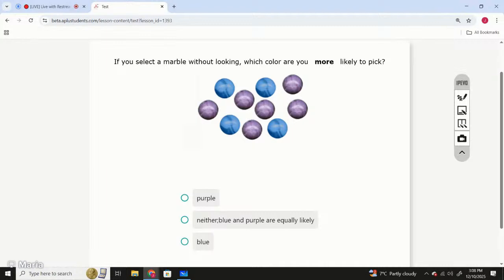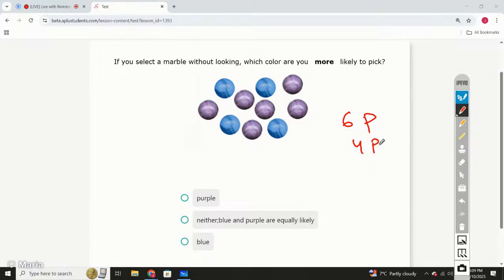If you select a marble without looking, which color are you more likely to pick? So the one that has more marbles is more likely to be picked. We have one, two, three, four, five, six purple marbles and four blue marbles. Which one are you more likely to pick? Very good.